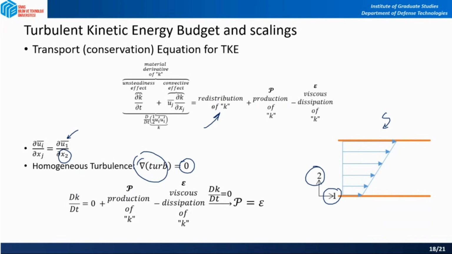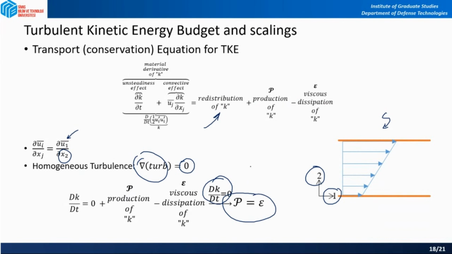Now, for further simplification, suppose that as a first order approximation dk dt is equal to 0. So if it is equal to 0, only the production will be equal to the dissipation. In other words, something generated the turbulent kinetic energy, and it could be the wake of a cylinder, it could be a jet or something else.